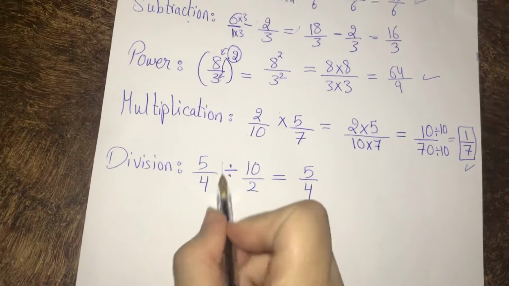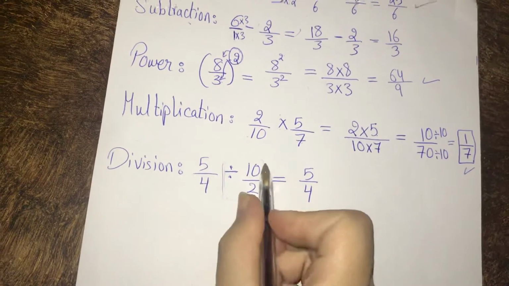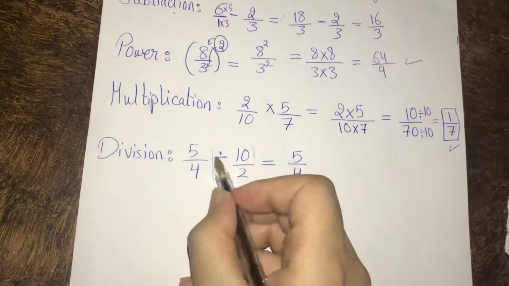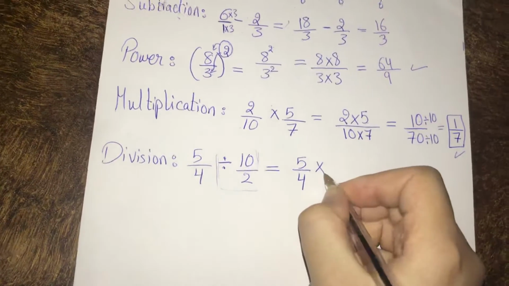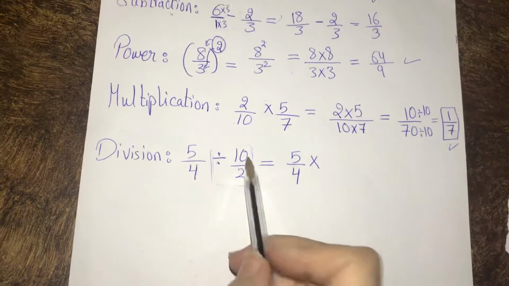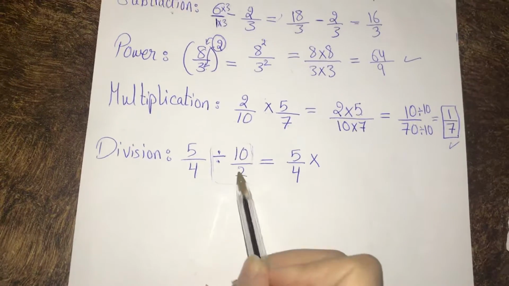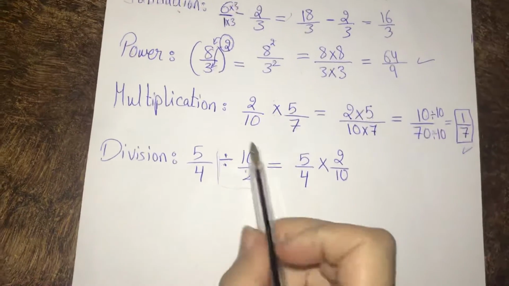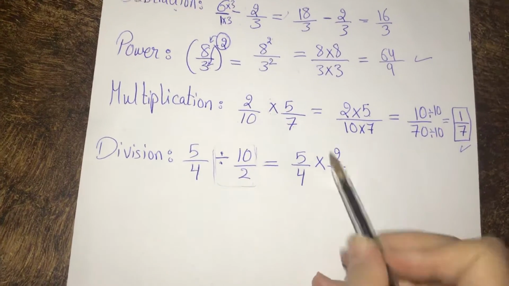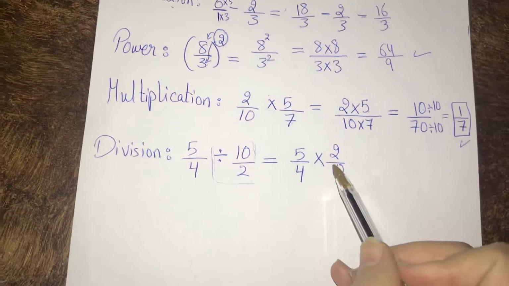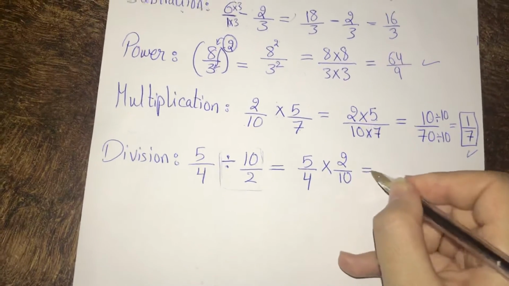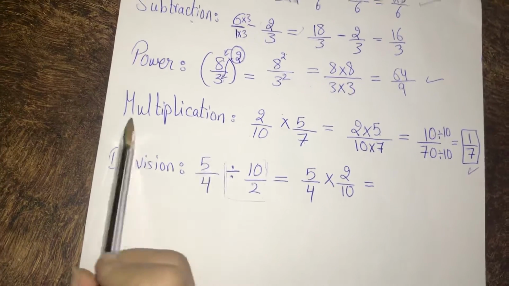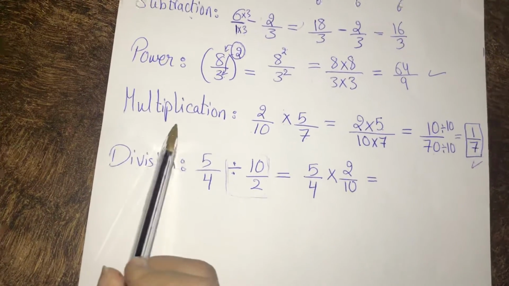But on this side, you have to change the division to times, and you have to take the reciprocal of 10/2, which gives 2/10. Okay, then you have this step. It's like the step of multiplication.